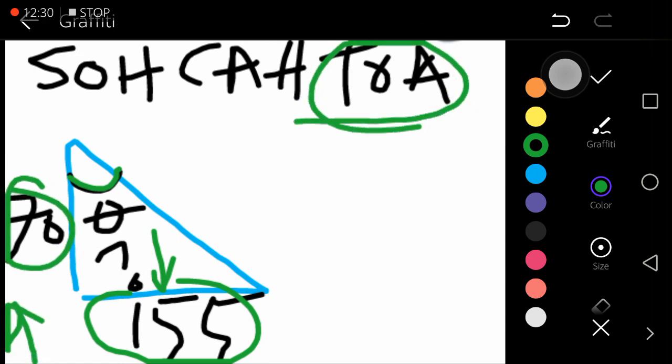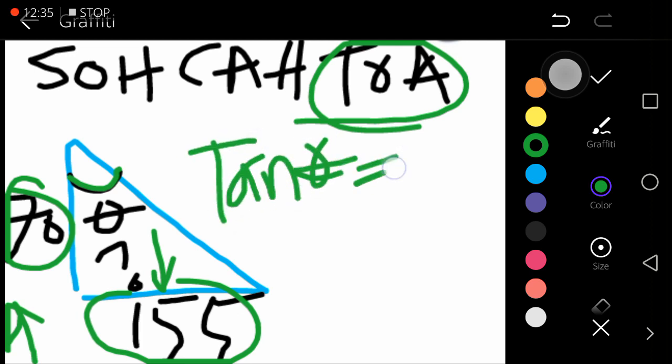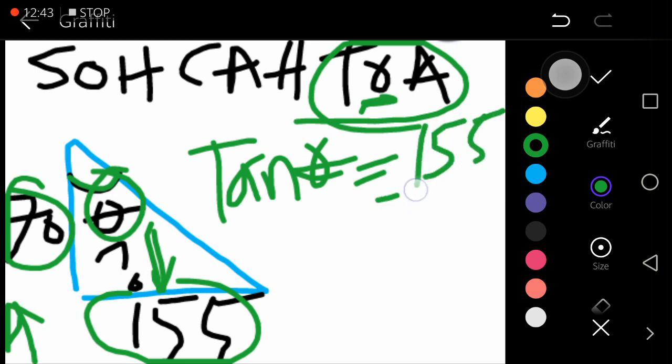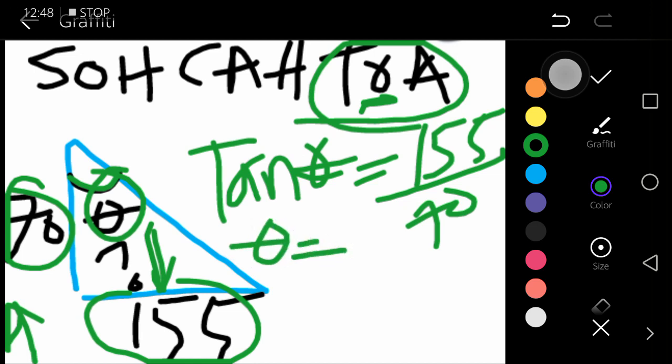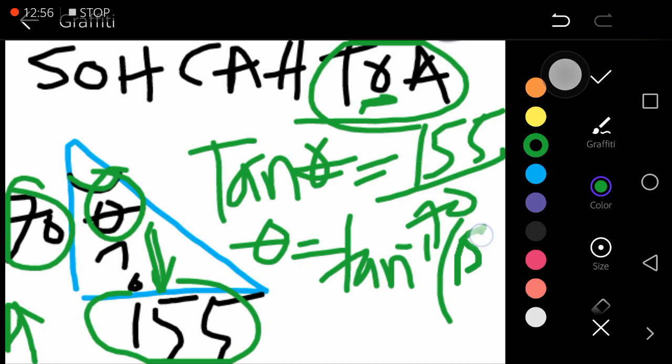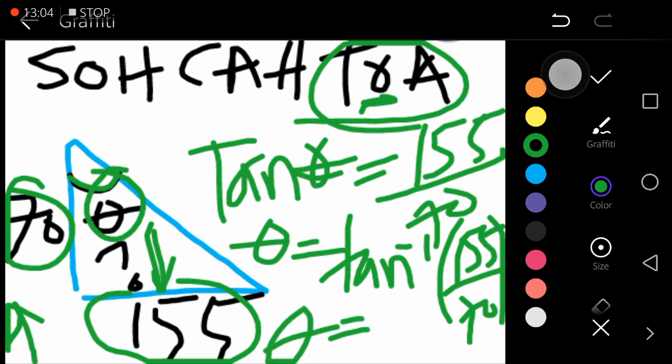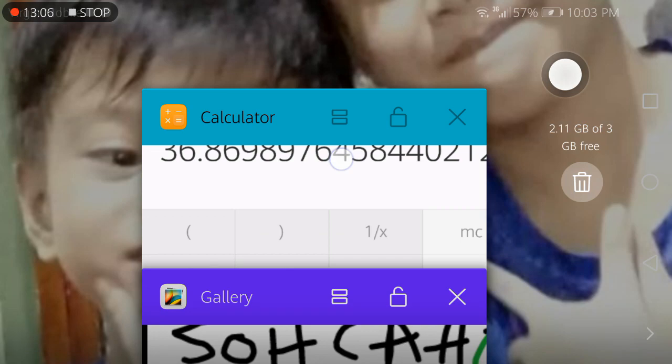So we use TOA: tangent of the degree equals opposite over adjacent, 155 over 70. So the degree equals tangent inverse, then 155 over 70.